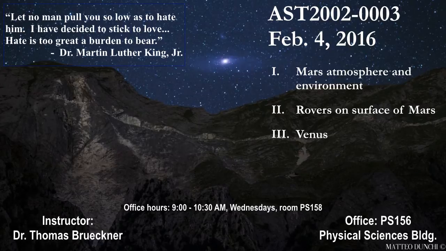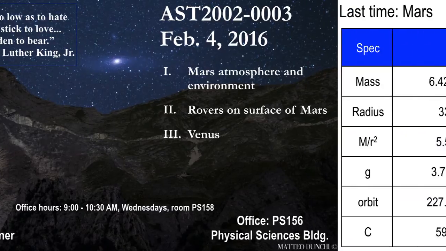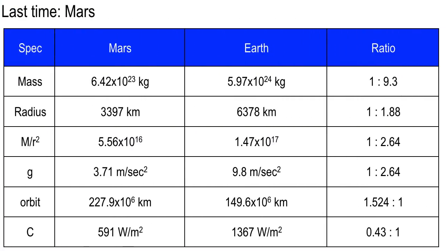So let's take a look at something that we were kind of looking at last time, and that's this big spec sheet for Mars compared to Earth. What I want to focus on with you today is these lower two rows: the orbital size, that's the semi-major axis, and the solar constant.